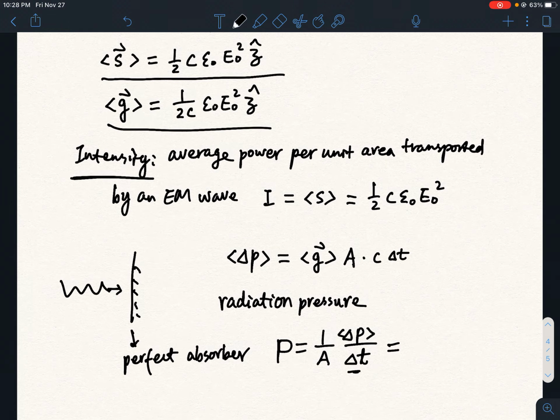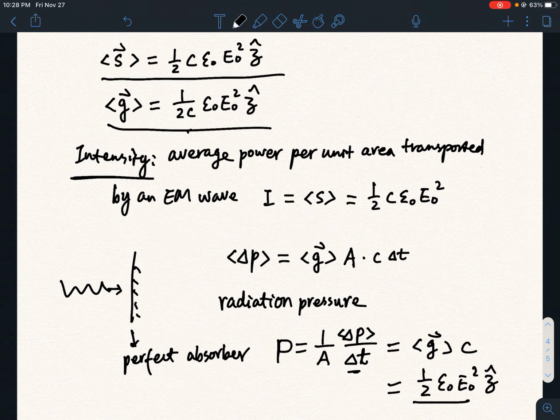From here you can see that this gives us g times c, and because of this, it also gives us 1/2 epsilon 0 E0 squared z hat. So it just gives us the pressure, which is like this.